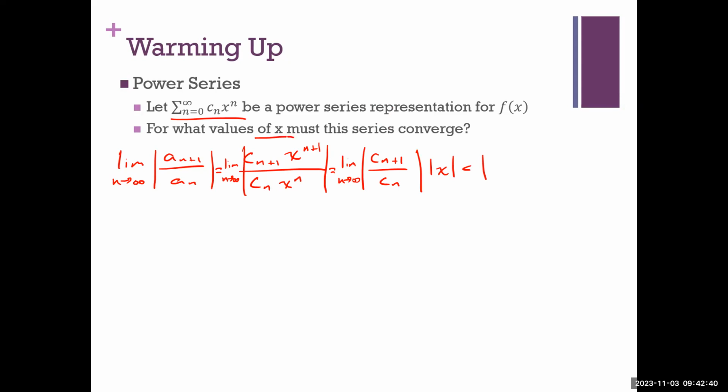So I think you're answering the question exactly how I asked it, but maybe I want to reframe your answer. I'm going to need this ratio here to be strictly less than 1. And I think this is equivalent to what you're saying, if I'm following you correctly. The absolute value of x has to be less than this absolute value.